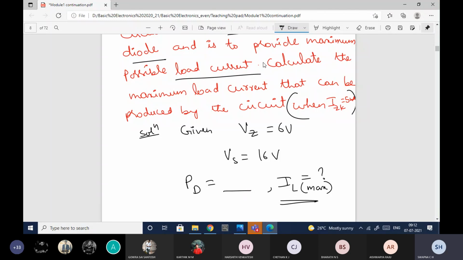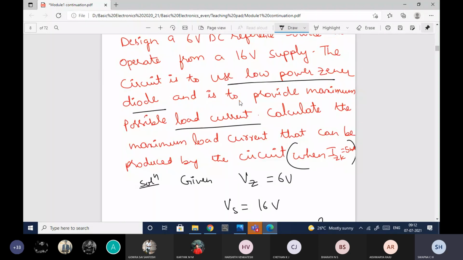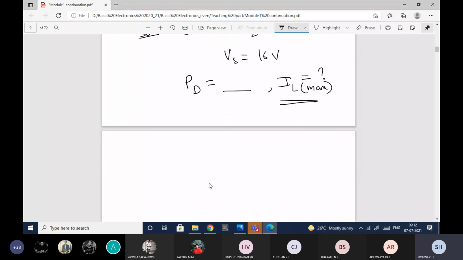Here, if you observe the question itself, he is talking about the load. It means that he is asking us to calculate the load current, and that's the reason you have the circuit in this way. This is a power supply, I have RS, I have the Zener diode.